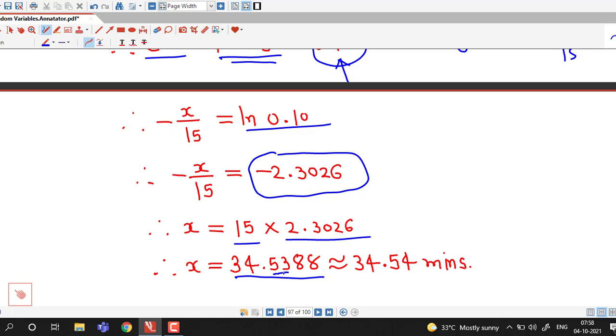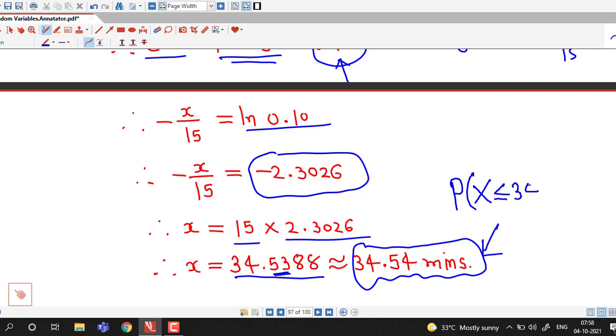If we round off to 2 decimal places, x is approximately equal to 34.54 minutes. So this is the length of the time interval such that the probability of at least one call in this time interval is equal to 0.90.